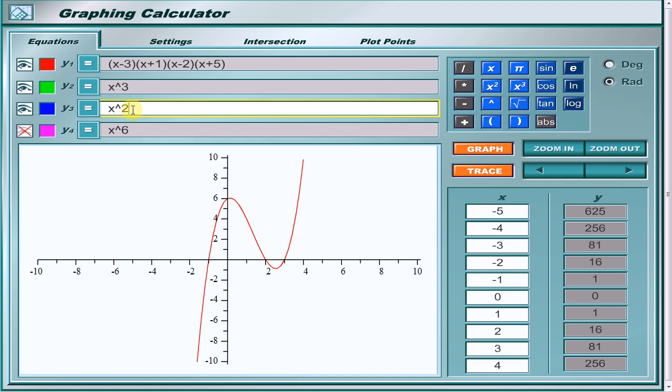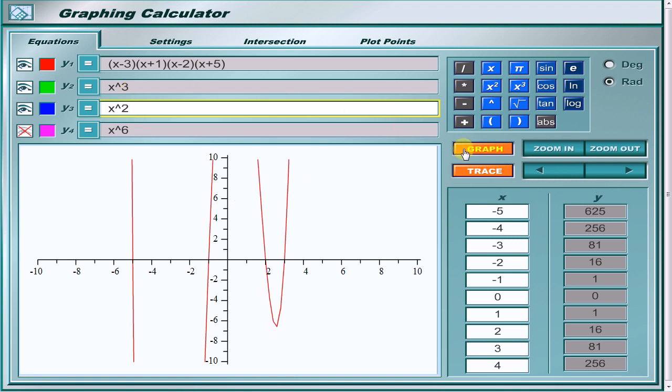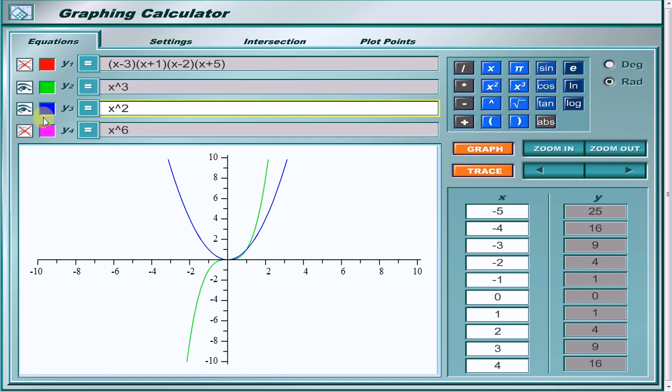So the green one, okay, so we have the green one and the blue one. The green one, and actually let's change that to something a little brighter. Okay, looks like that's all we can get.